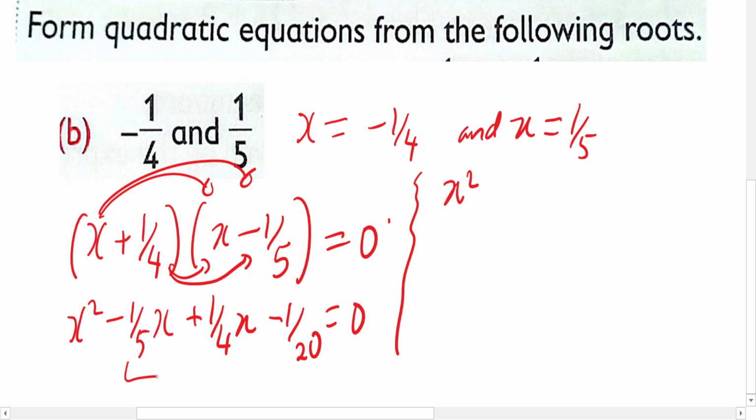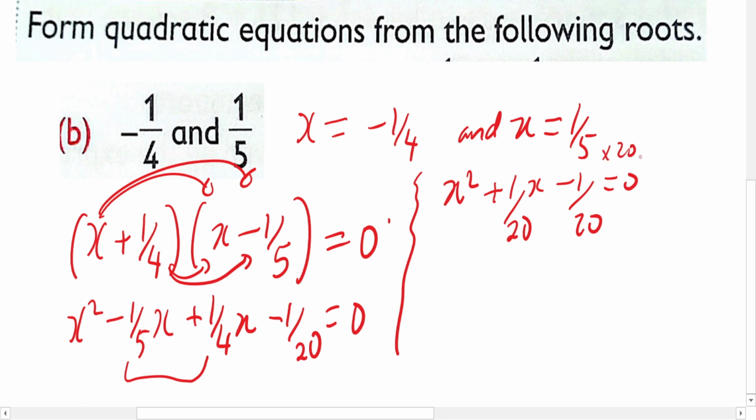Now at the end of the day, collect the like terms. So x squared minus 1/5 plus 1/4. How much should it be? Minus 1/5 plus 1/4 is going to give you 0.05, which is 1/20. So plus 1/20 x minus 1/20 equal to 0. Now let's multiply 20 throughout.